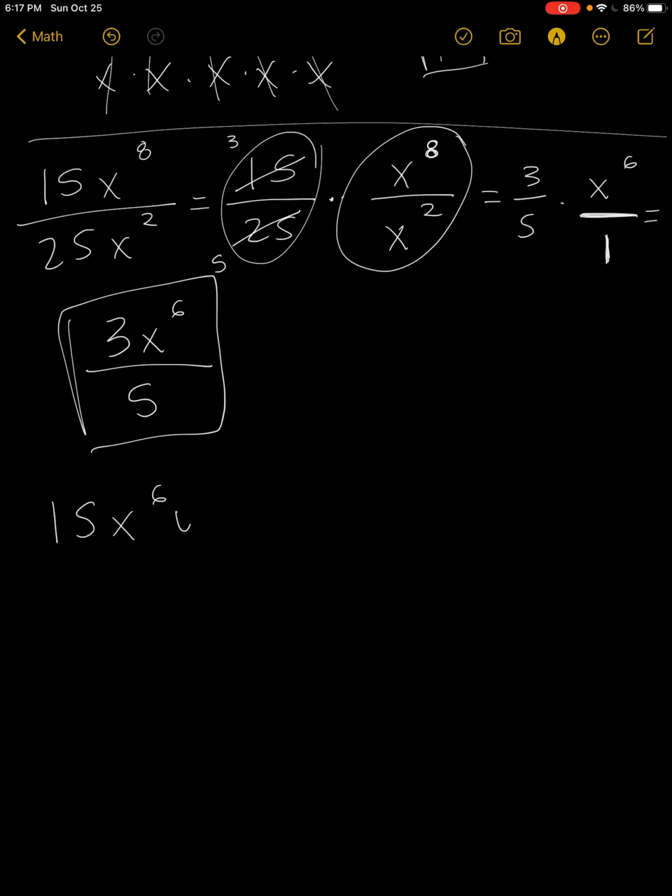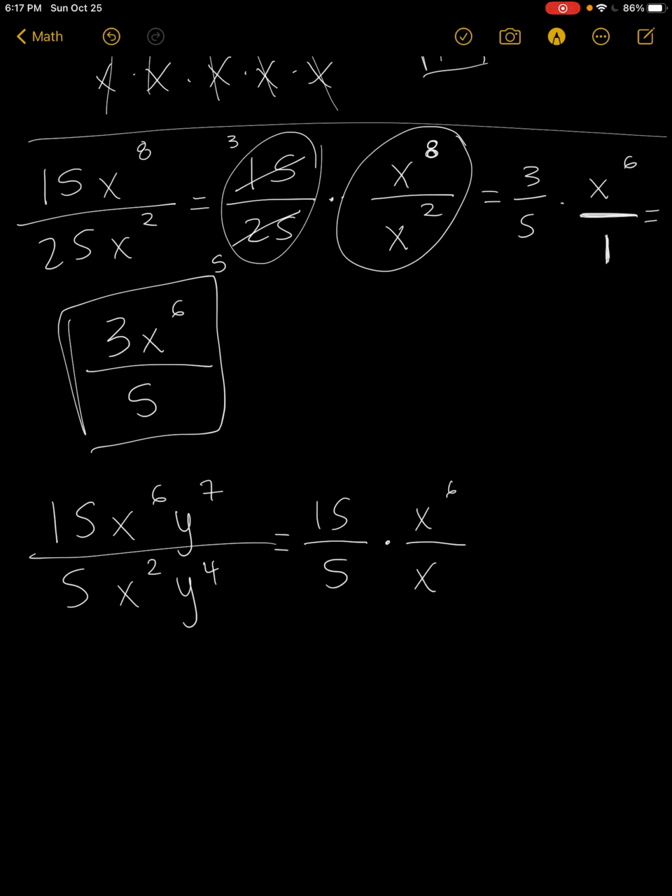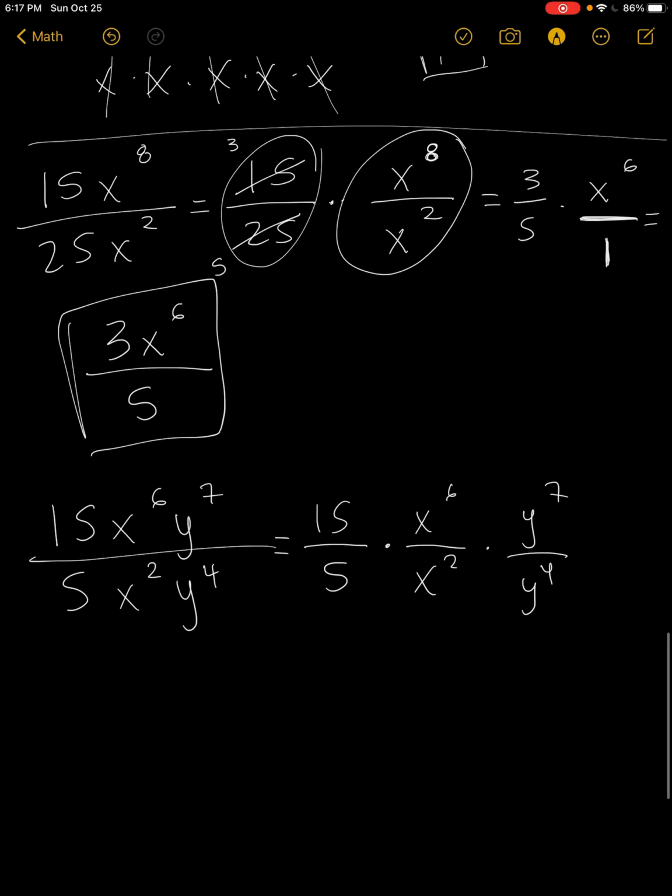How about if we have multiple variables? Okay, we're gonna do the same thing. And maybe you don't even need to write this extra step like I do where you separate them out. You might be able to work just straight from this fraction right here. That's totally fine.